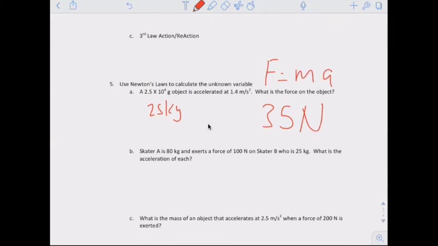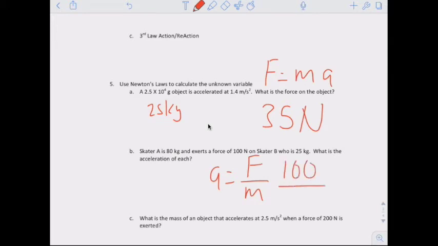Next, we have a skater A that is 80 kilograms and exerts a force of 100 newtons on skater B, which is 25 kilograms. What is the acceleration? We know that acceleration is force divided by mass. Each skater is going to feel the same amount of force, that action reaction.